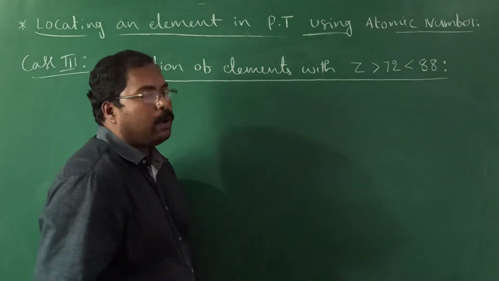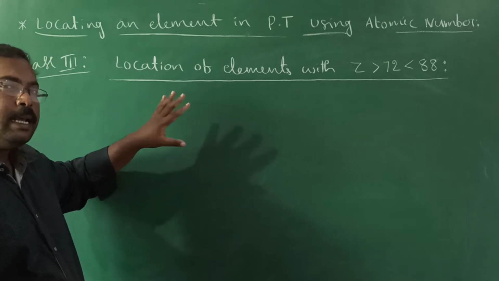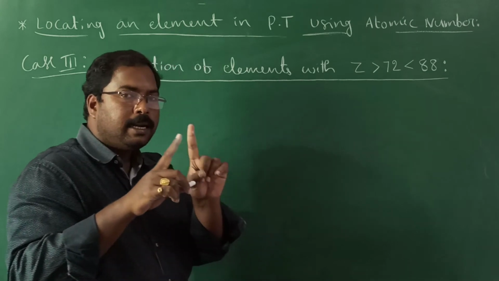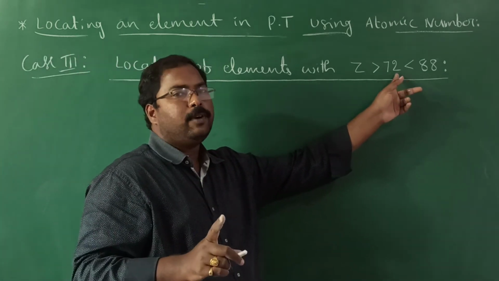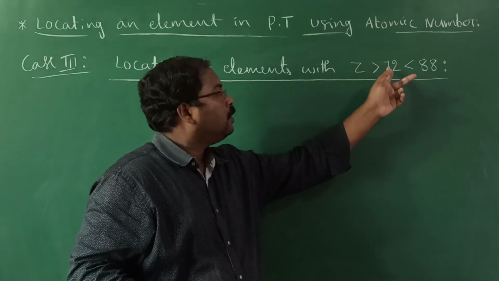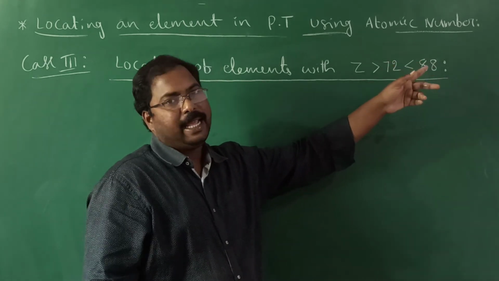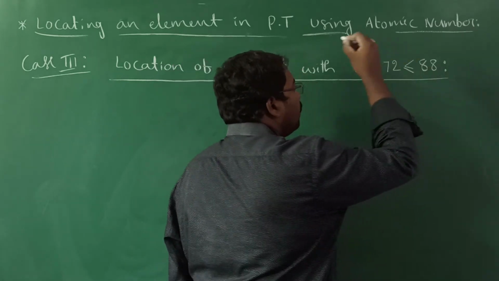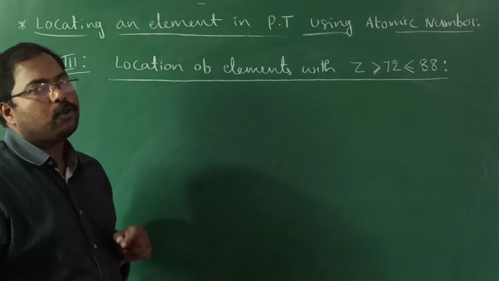Because 89 to 103, we already discussed, they will become actinoids. Now, between lanthanoids and actinoids, lanthanoids end with 71. So, from the atomic number 72 onwards, up to the elements with atomic number 88, we have to change a small thing to our trick regarding the group number.